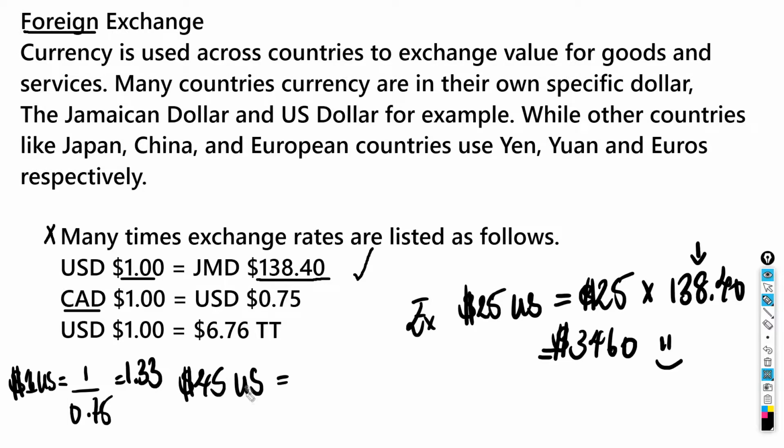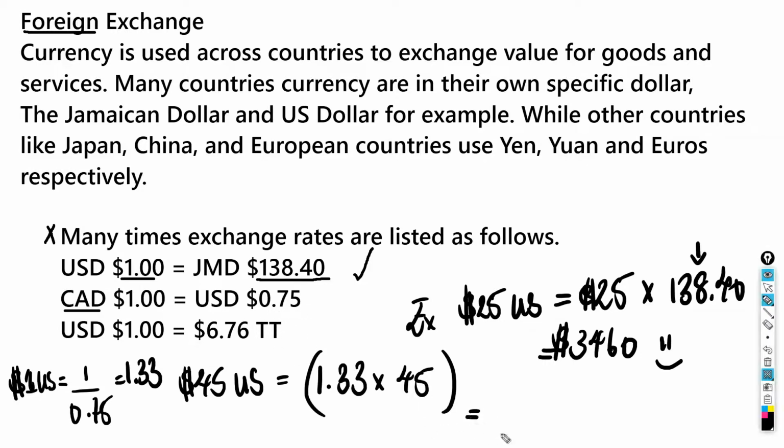So to find the amount in Canadian dollars, it would be 1.33 multiplied by $45, right? Because think of it this way, guys: $1 would be equal to 1 divided by 0.75. All right, we'll soon do an example.